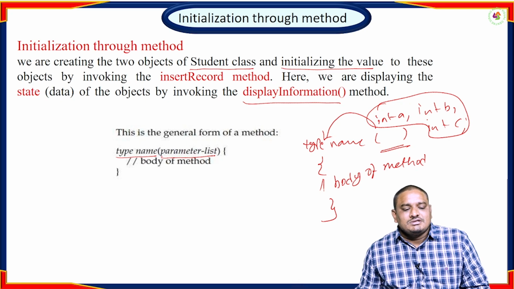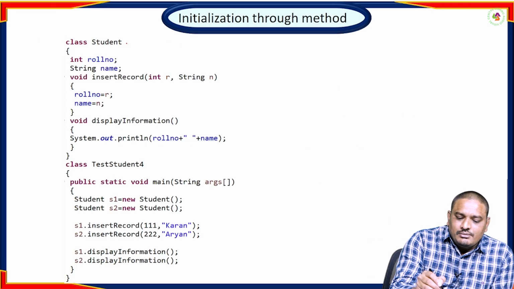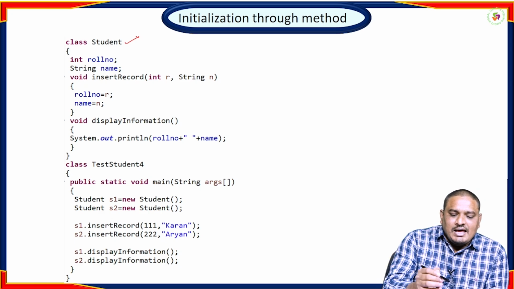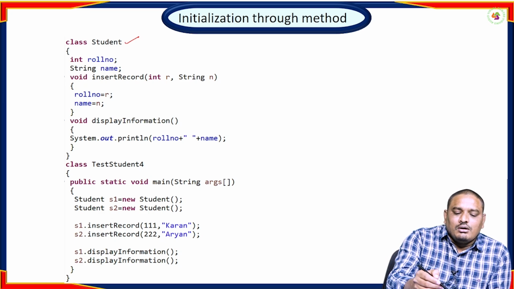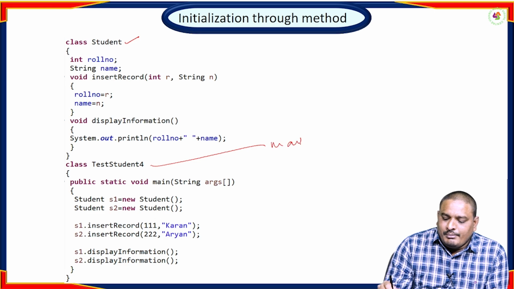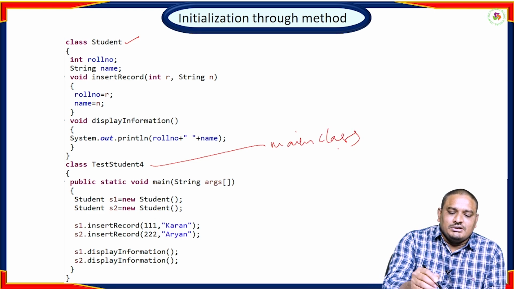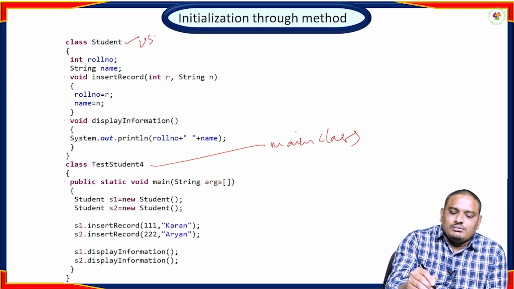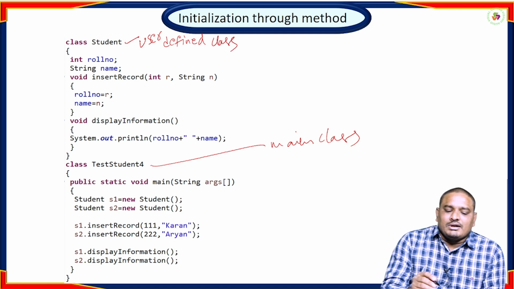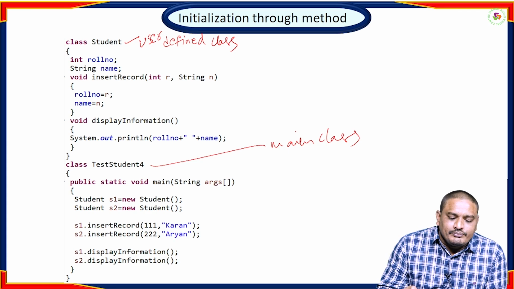Now see this example. In this example, the class name is Student. This first one is the user defined class, and this one is the main class. In the user defined class, we are declaring some variables and some methods.